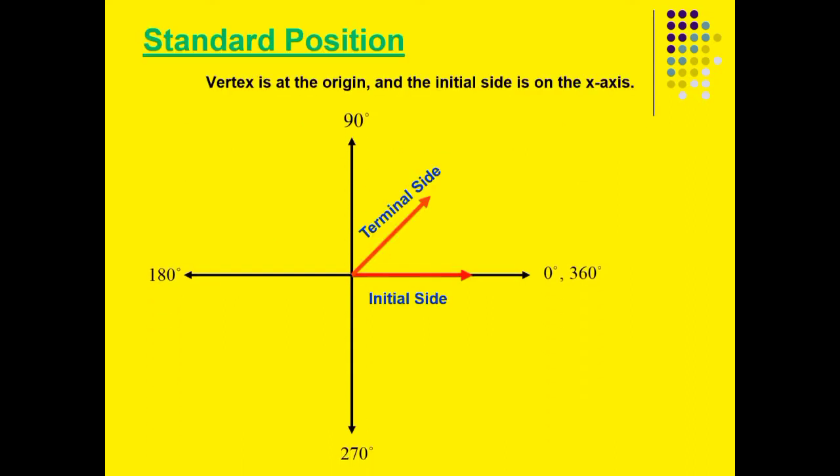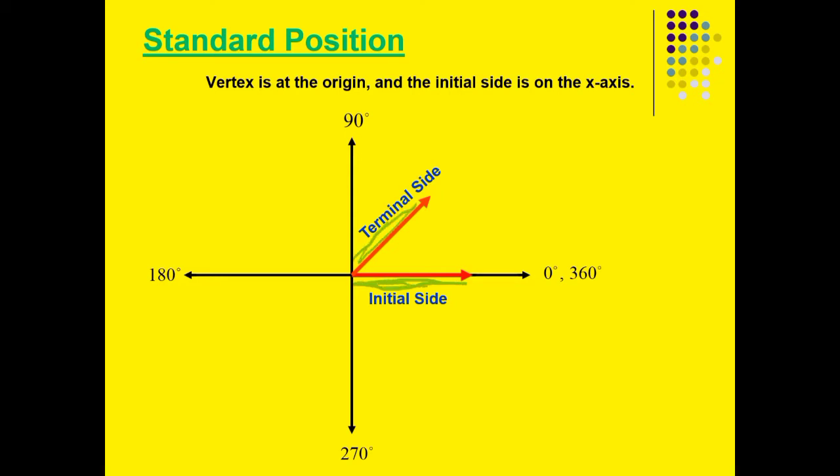Now this is the standard position, showing how to deal with the initial side and the terminal side. As you can see here, this is our initial side, and then the terminal side.